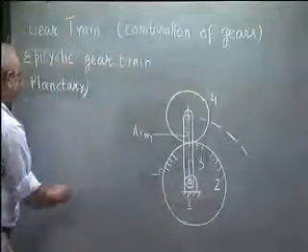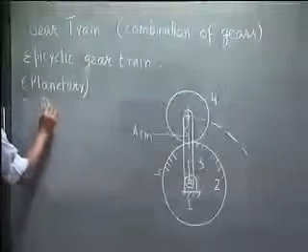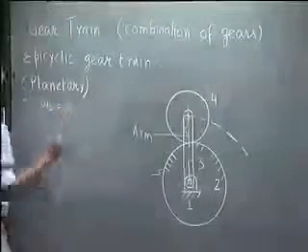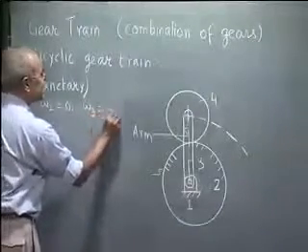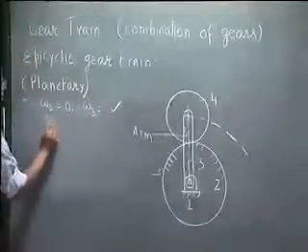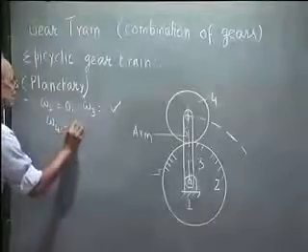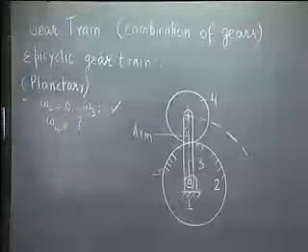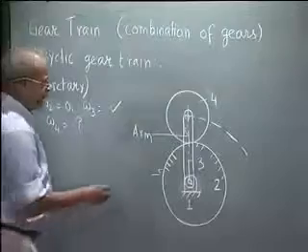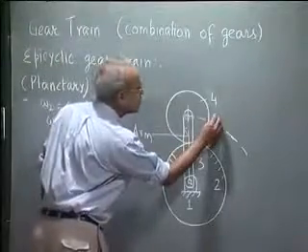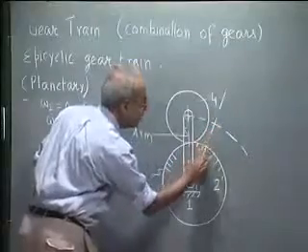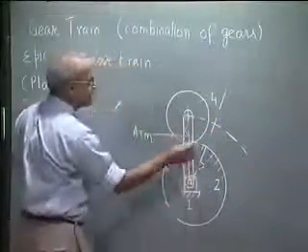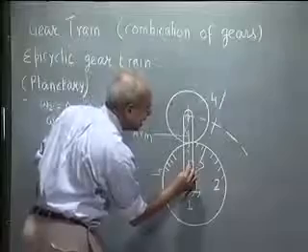That means omega 2 I am taking to be 0. That is one input. And then if I know omega 3, the other input speed, the question is what is omega 4. To do that, let us say I give the arm a rotation theta. Link 3 has rotated by an angle theta.